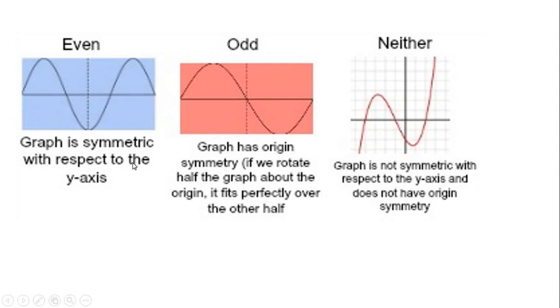In even, this is the symmetric graph with respect to y. In this we have the graph which reflects its original on the other half. This is not a symmetric graph because this is neither an even nor an odd function graph.